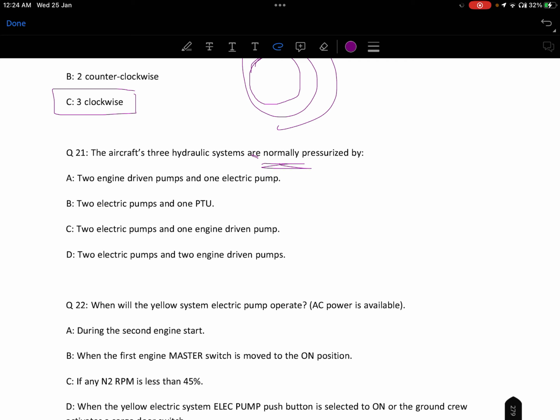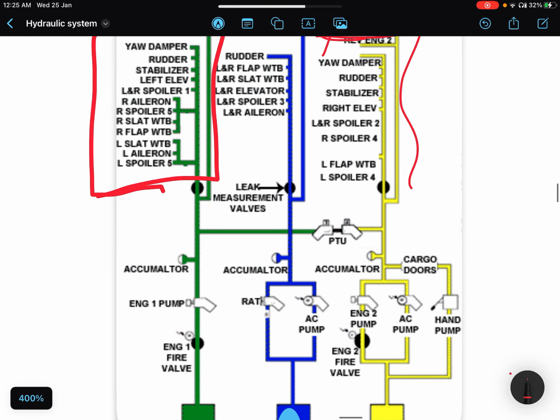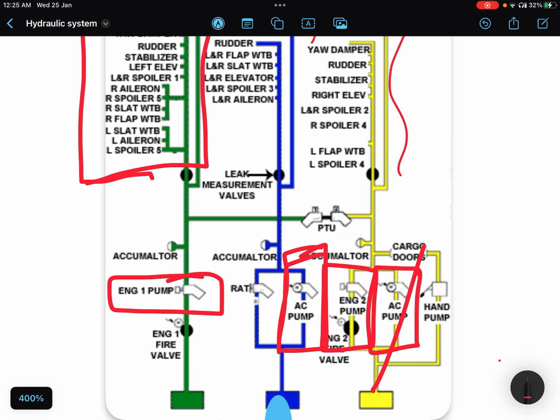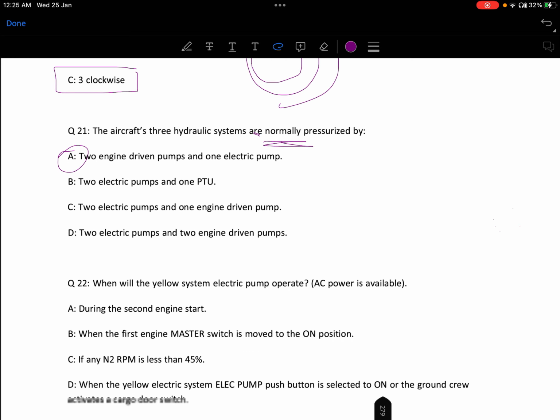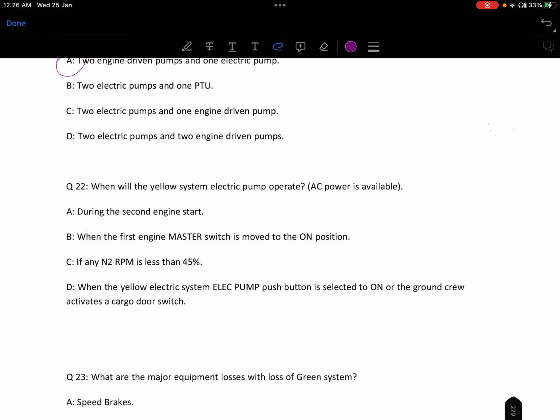So normally, for normal operations, we have this engine driven pump and another engine driven pump, and then this electric pump, the blue electric pump. So option Alpha.